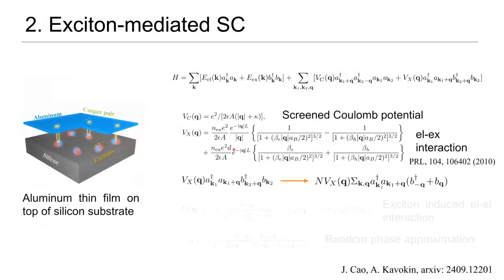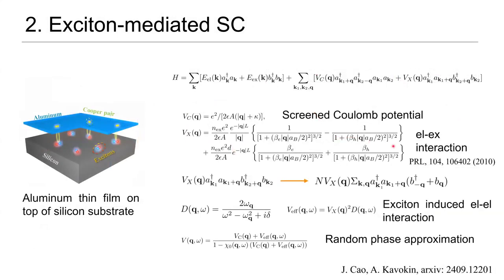So when we consider the electron-exciton interaction in this case, we can write down the Hamiltonian like this, where the first two terms are the dispersion of the electron and exciton, the third term is the Coulomb interaction between the electrons, and the last term is the interaction between the electron and the exciton.